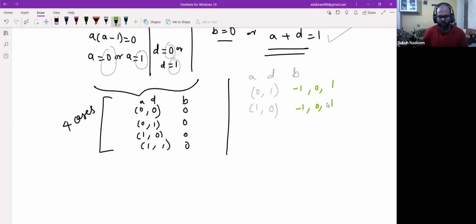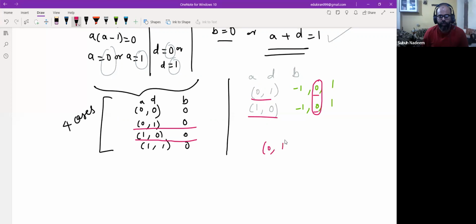These options are there. But if you observe, taking 0 does not make any sense. Why does it not make any sense? Because 0 1 0 we have already covered here, and 1 0 0 that also we have covered here. So we cannot again repeat, because it is just a repetition.